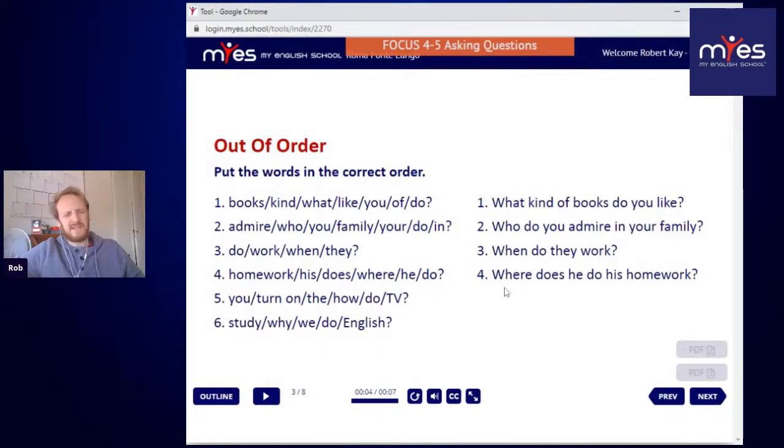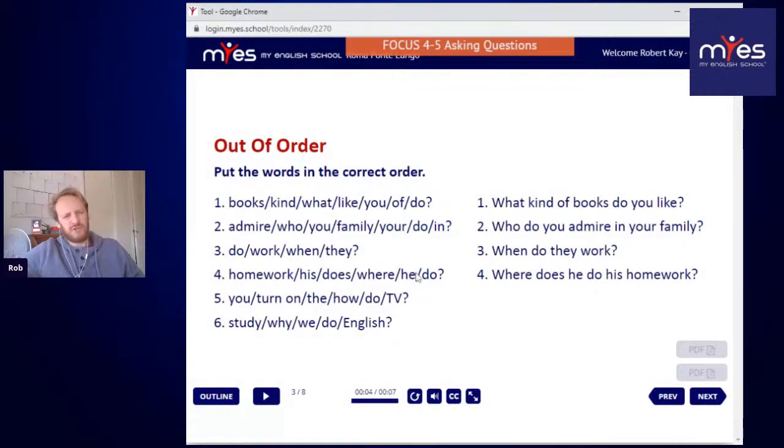Where does he do his homework? For example, you would say he does his homework in the sitting room, or he does his homework at home.